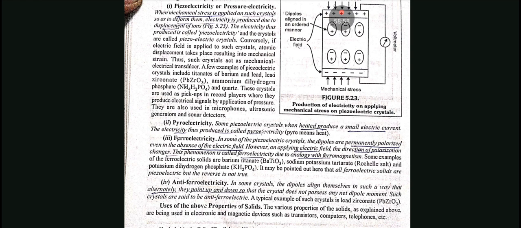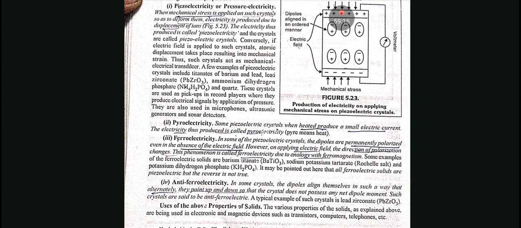These crystals are used as pickups in record players, where they produce an electric signal by application of pressure. They are also used in microphones, ultrasonic generators, and sonar detectors.